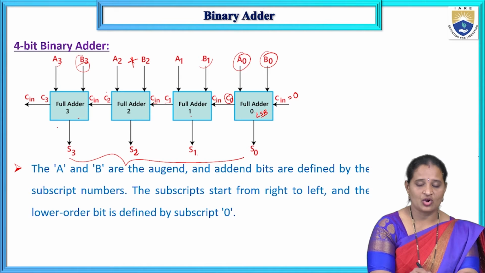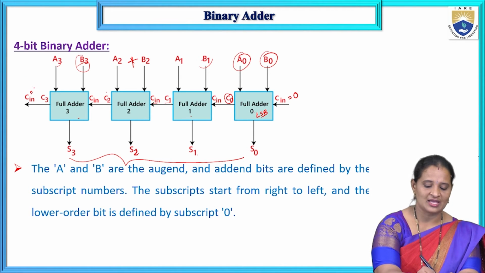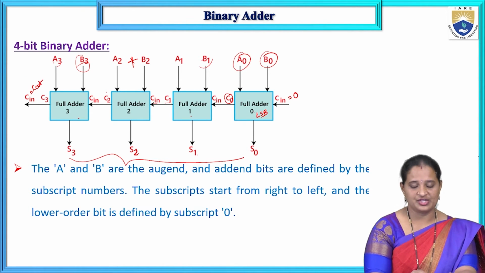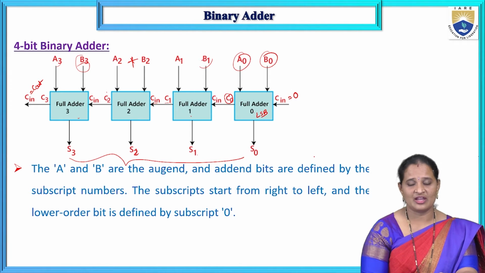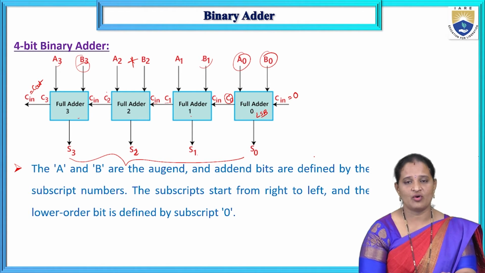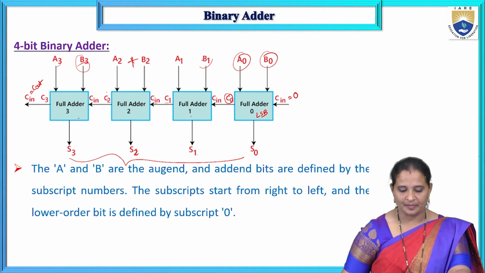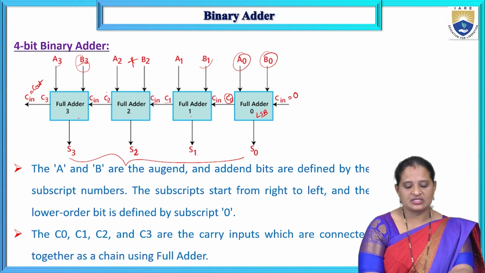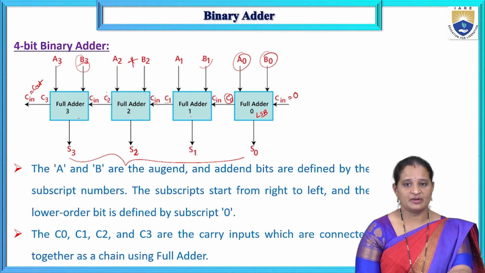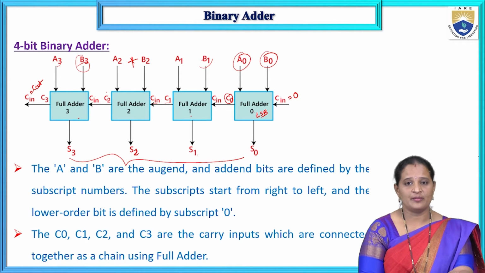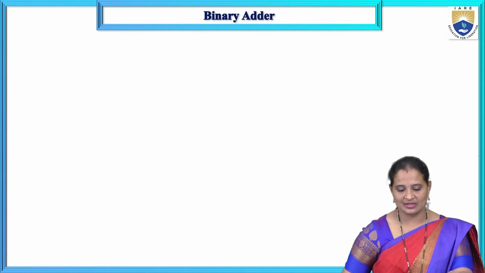The carry output of the last full adder is taken as Cout of the addition, and the 4-bit sum is available at the sum outputs of all the 4 full adders. So this is a 4-bit parallel adder. Okay. C0, C1, C2, C3 are the carry inputs which are connected together as a chain using full adders.